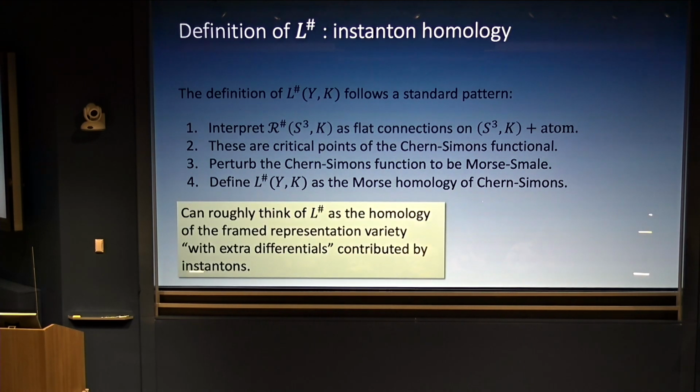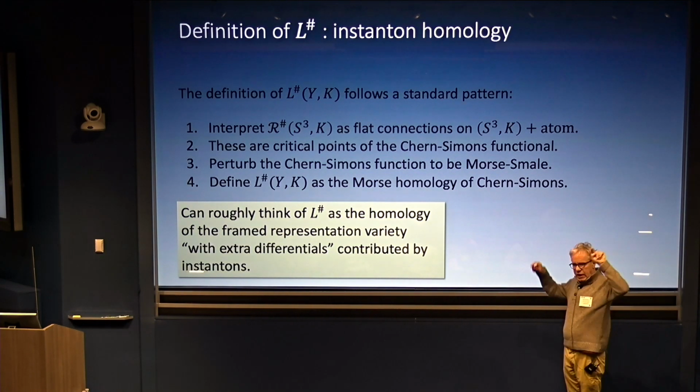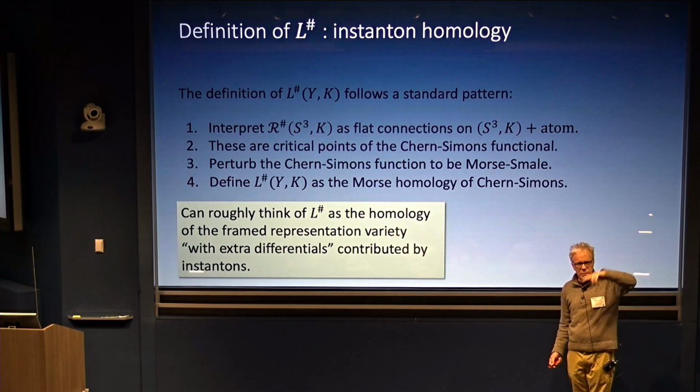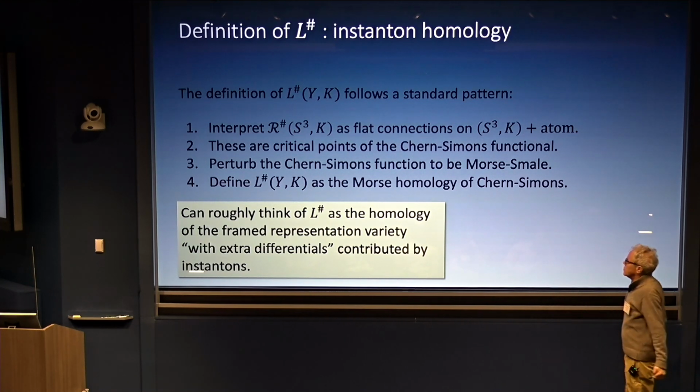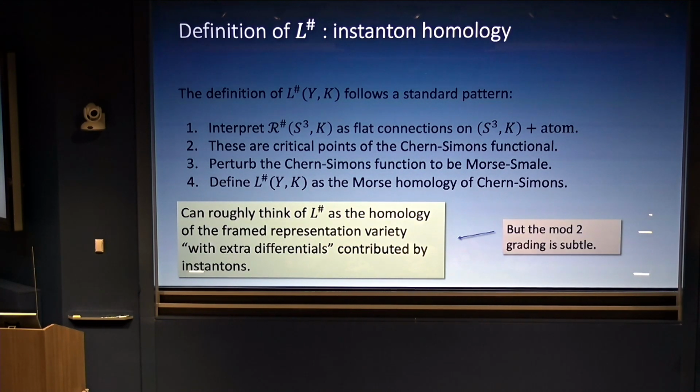Roughly speaking, you should think of L sharp as like the homology of the framed representation variety, but with extra differentials coming from instantons, which are non-trivial trajectories of the Chern-Simons flow. The mod 2 gradings coming from the binary framing of the web are a little bit subtle to see from that point of view. Warning.